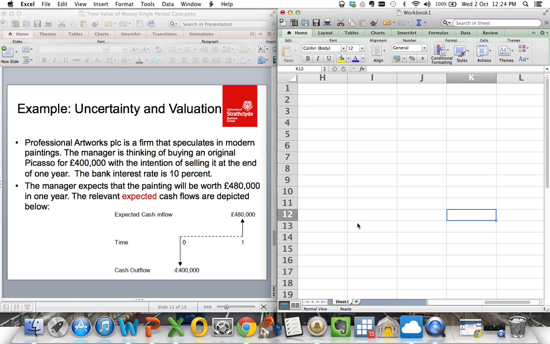So instead of being certain, you're now dealing with uncertainty, and we talk about expected cash flows. And you can see in the little diagram here that you're certain about the payment, it's 400,000, but you're uncertain about the income that's coming in.